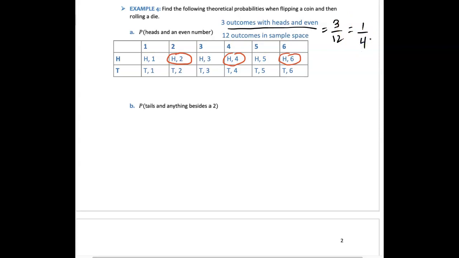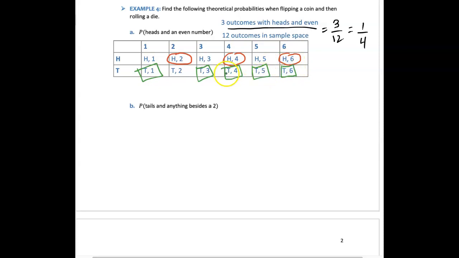Okay, we'll do the same thing for part B. Find the probability of tails and anything besides a 2. I'm going to use green this time. I will do green boxes. So again, we'll use this table to find the outcomes where I flip tails and roll anything besides a 2. So those outcomes could be tails and a 1, or tails and a 3, or tails and a 4, or tails and a 5, or tails and a 6.